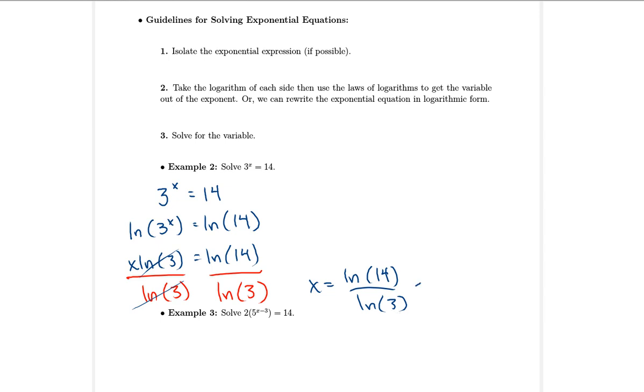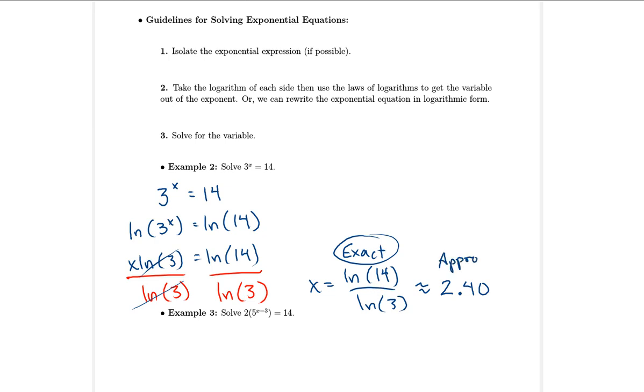And by the way, I want to do a good job in this section of really distinguishing between exact and approximate, because I will ask you to give me the exact answer and give me the approximate answer. So exact is this, right? No rounding has been done or anything like that.